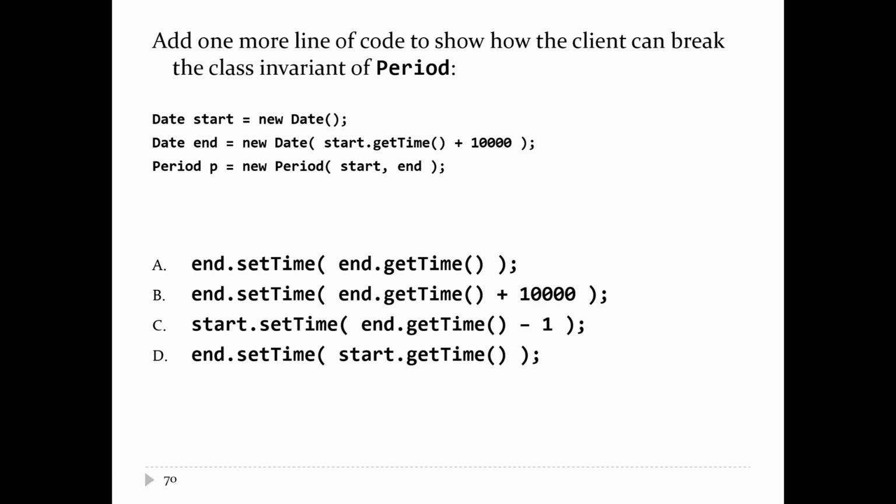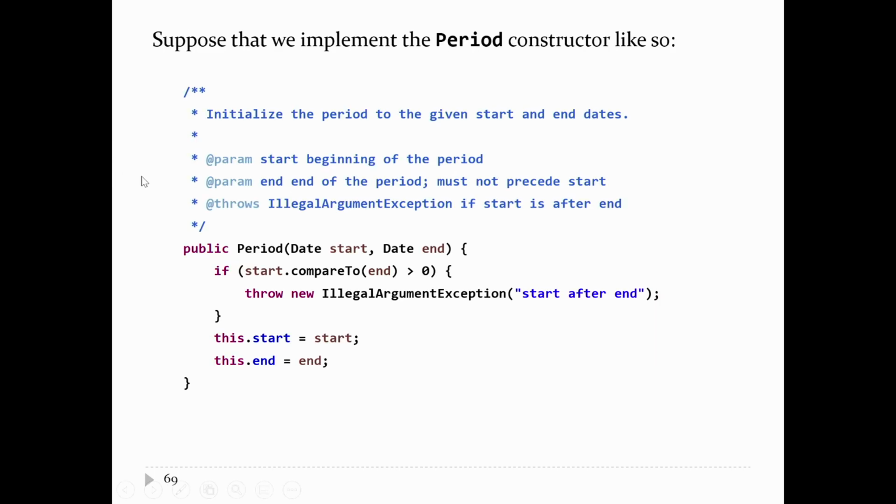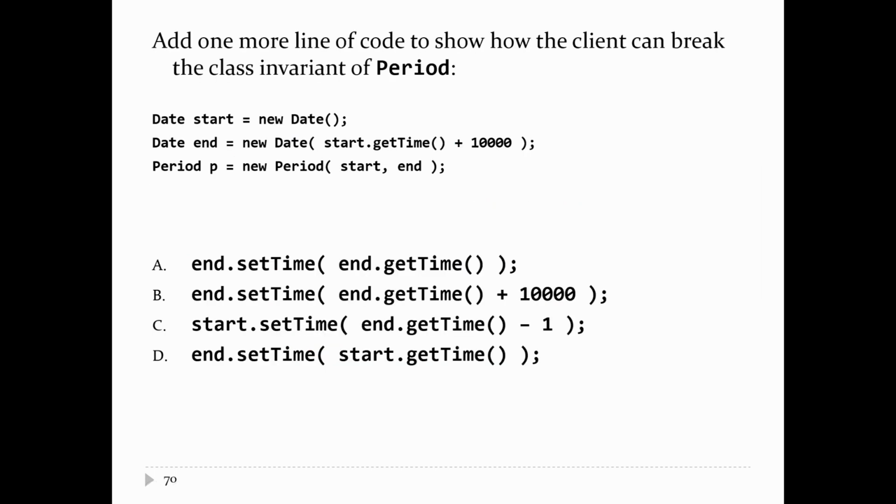So if you implement the constructor that way, then you can add one line of code here that makes the invariant untrue. So how do you make the invariant untrue? Well, you just adjust one of those two so that the start time becomes after the end time.